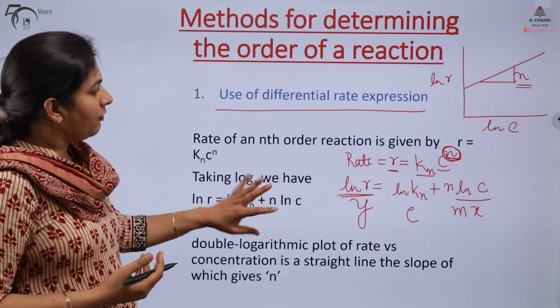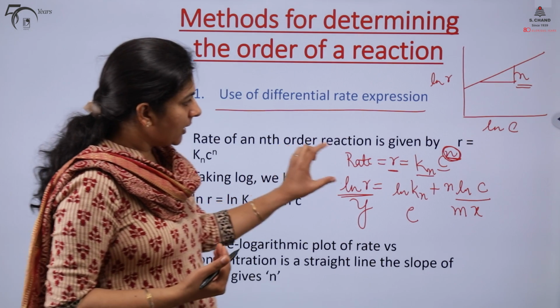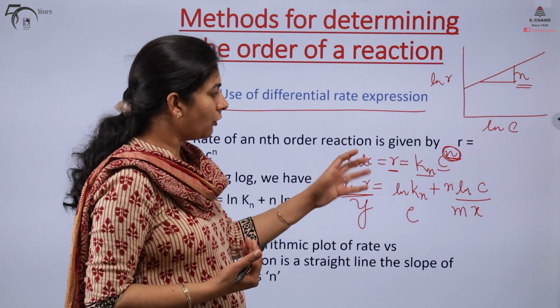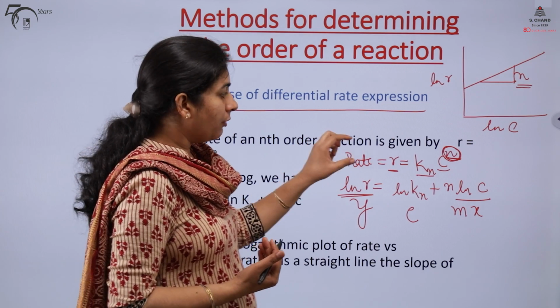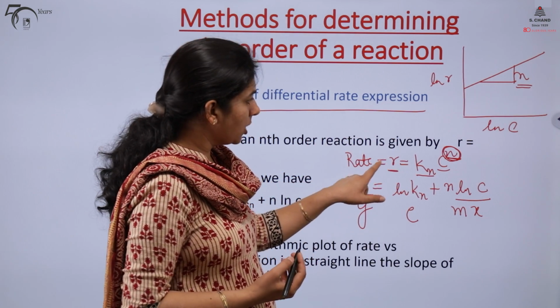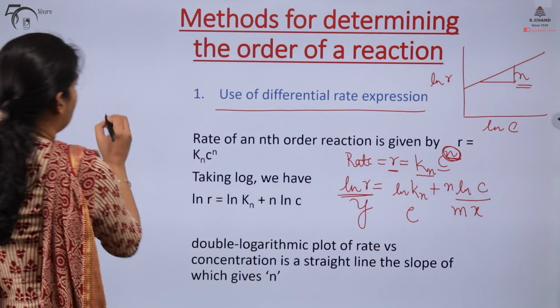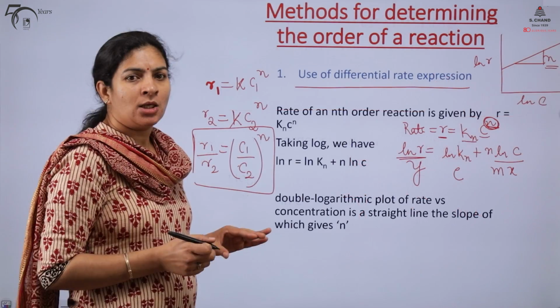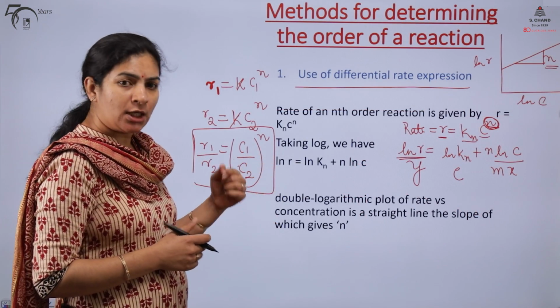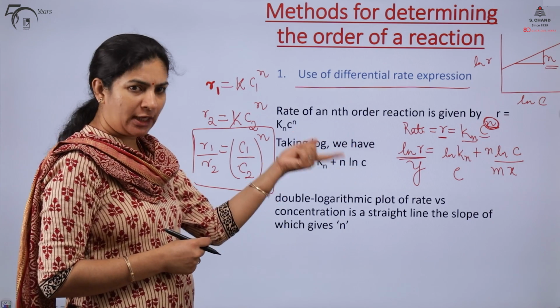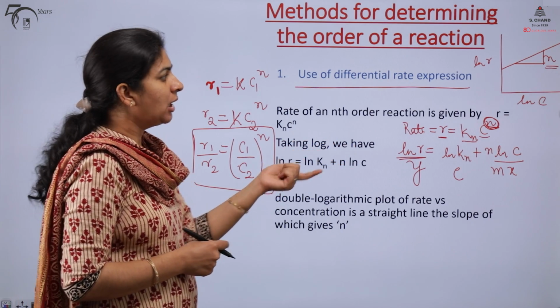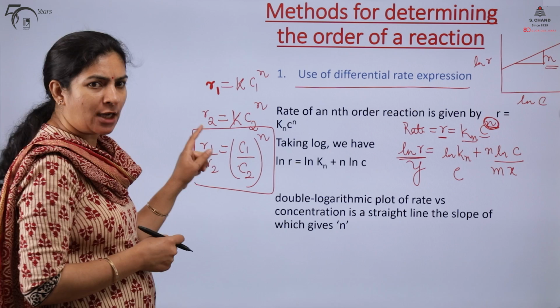So alternatively, we can determine the rate of a reaction for a particular concentration. We can call it rate 1. So alternatively, we can use this differential form of the rate law expression in order to find out the order of a reaction.